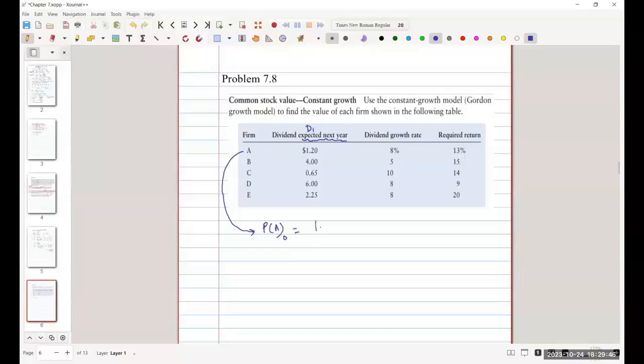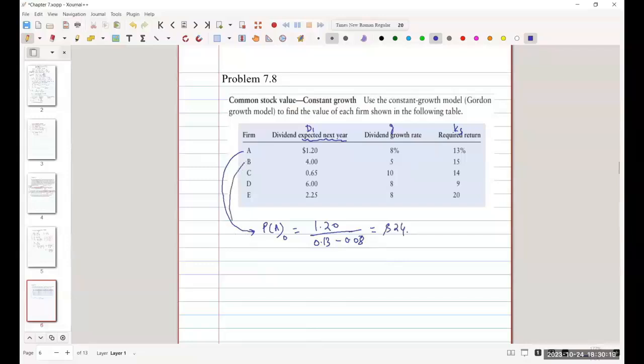So 1.20 divided by the required return, which is your Ks, minus the growth rate g. So 0.13 minus 0.08 gives you 1.20 divided by 0.05, which is $24.